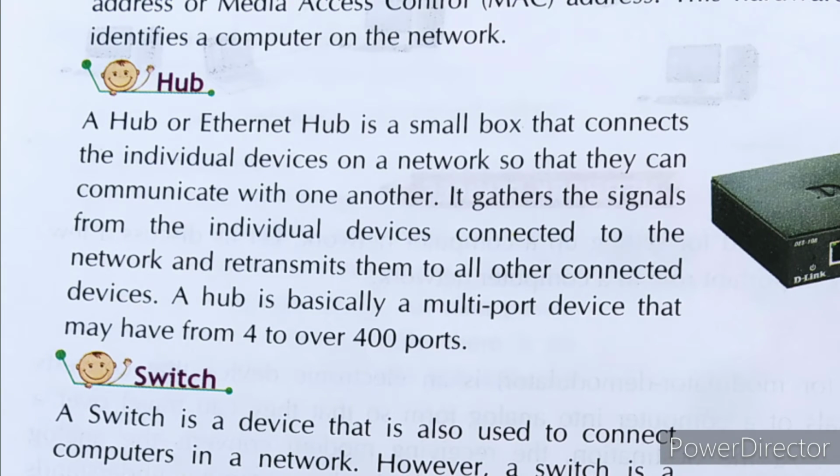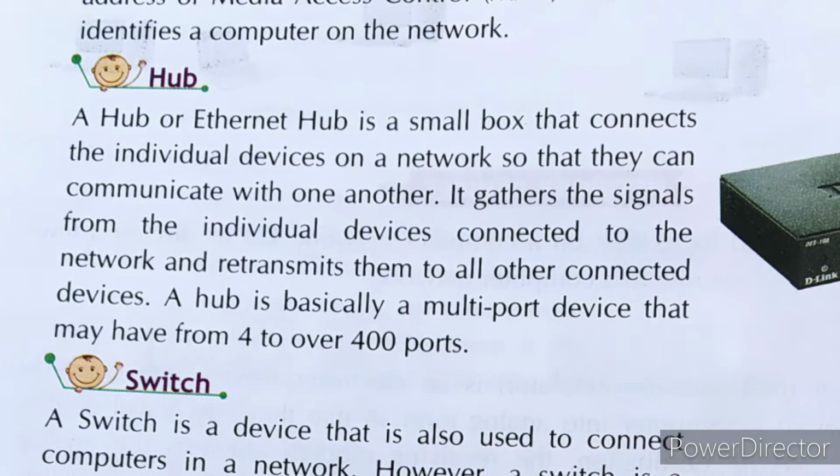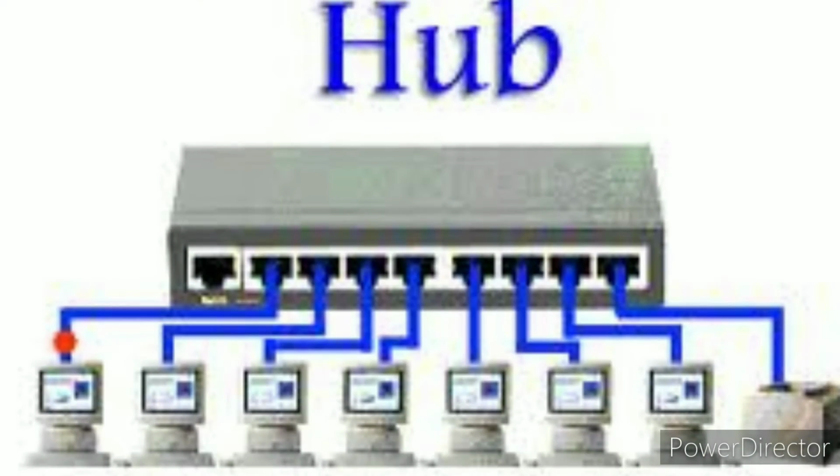A hub or an Ethernet hub is a small box that connects the individual devices on a network so that they can communicate with one another. A hub is basically a multi-port device that may have from 4 to over 400 ports.